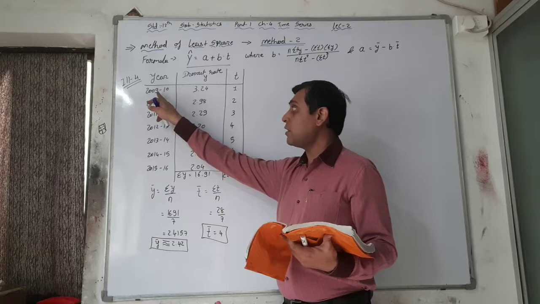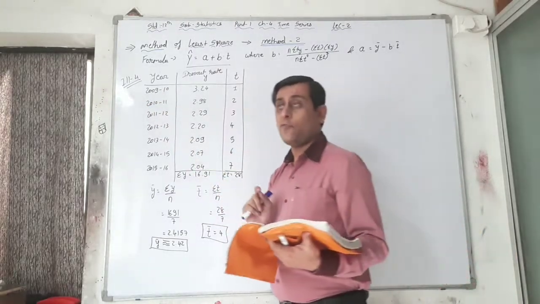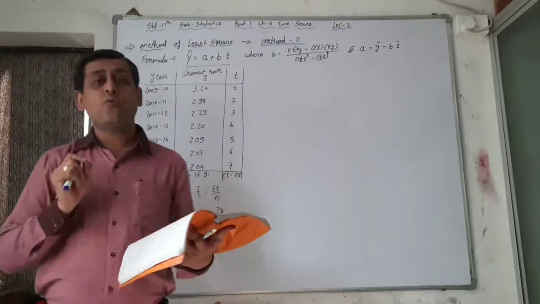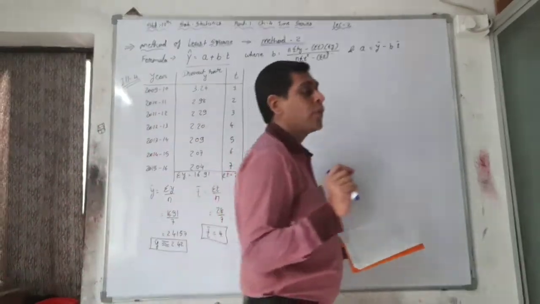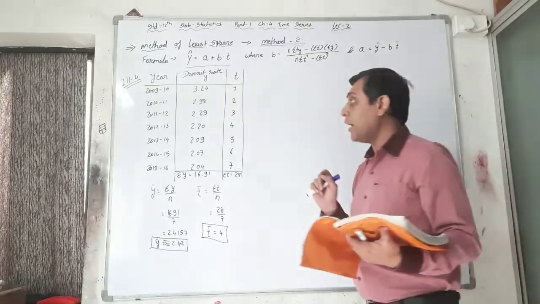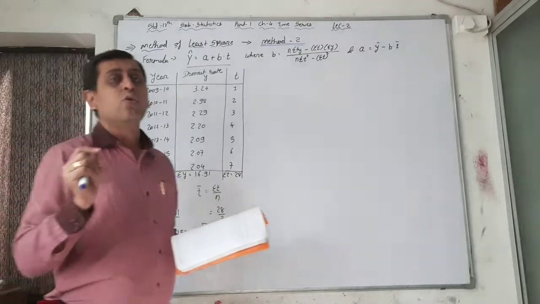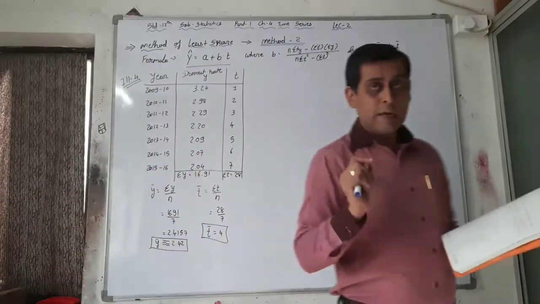So here see that one year is 2009-10. So what does 2009-10 mean? First of all, that is 1/4/2009 to 31st March 2010 for the financial year, and for the academic year it is 1st June to 31st May, right?